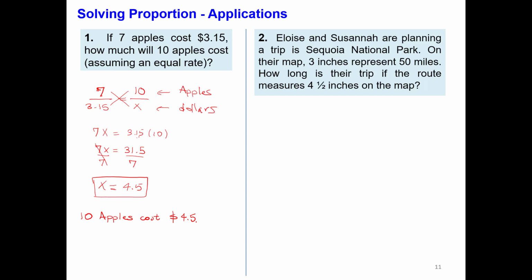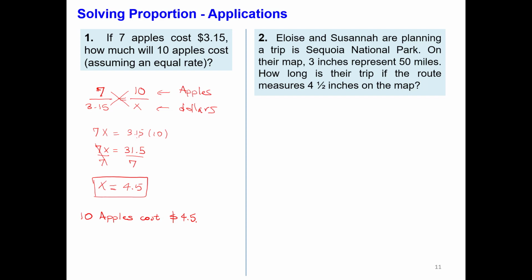Then how long is their trip if the route measures 4.5 inches on the map? Then we have two quantities. We have inches and we have miles. Now we need to write the same unit on top and the same unit on the bottom for both proportions. Let's write inches to miles.